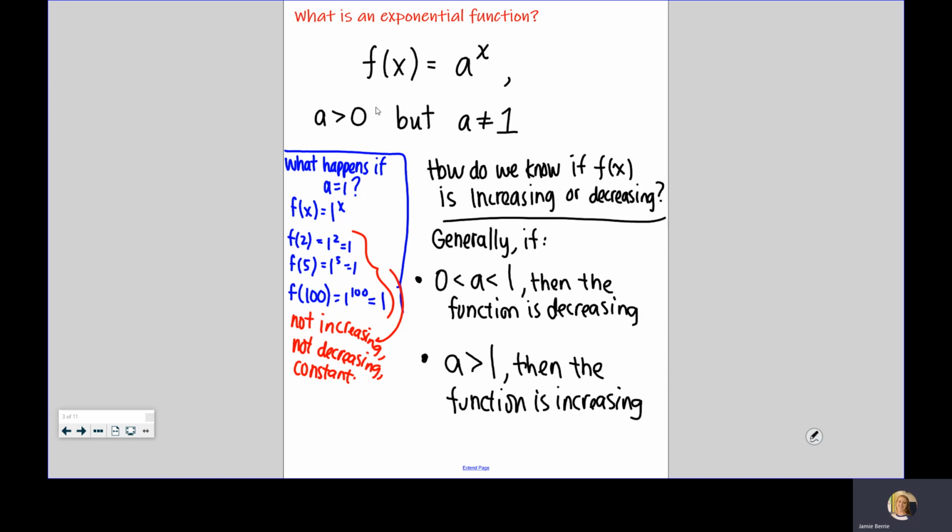And if a is greater than 1, then the function will be increasing. So I put the generally in there because we're going to see in just a minute, if you do any transformations to x, like if you put a little negative on x, that can flip it upside down, we know that's a reflection. So that can make it go from increasing to decreasing if you flip it upside down. But we'll see that in one of our graphs here in just a minute.